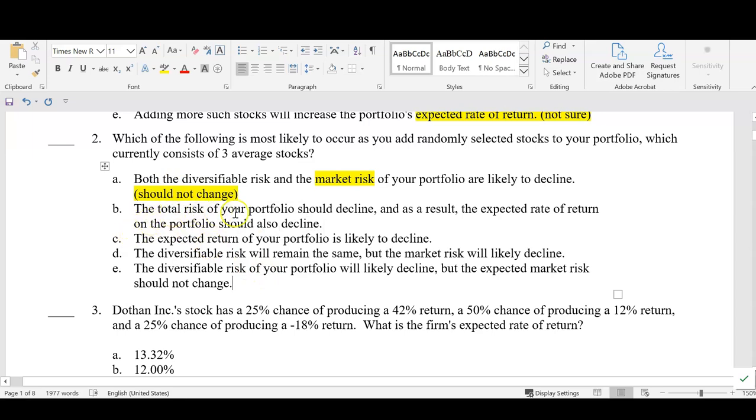Option B, the total risk of a portfolio should decline, and as a result, the expected rate of return on the portfolio should also decline. Again, total risk should decline, but the expected rate of return, not sure. C, expected rate of return is likely to decline. Again, not sure.